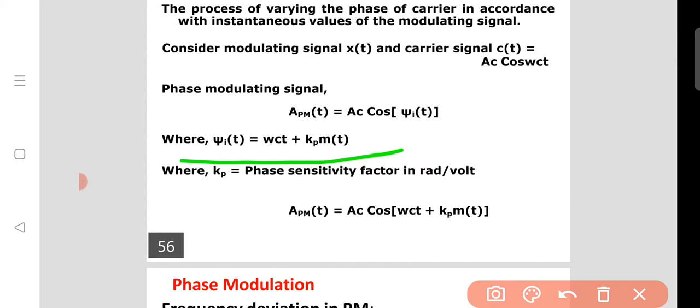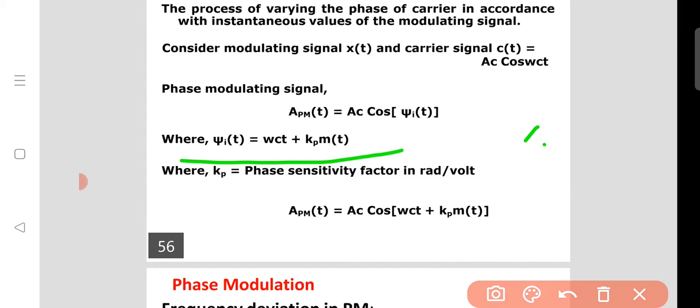It means psi of t equals the carrier phase plus kp m of t; it is a function of the message signal. In order to follow the message signal, the phase changes occur.